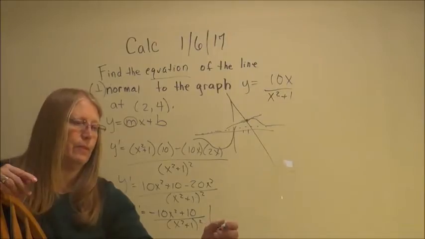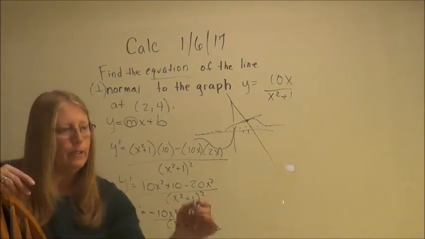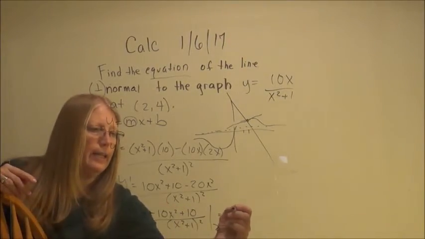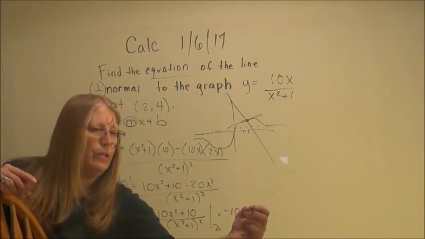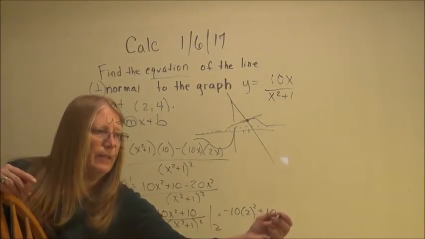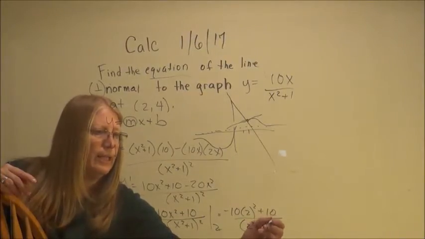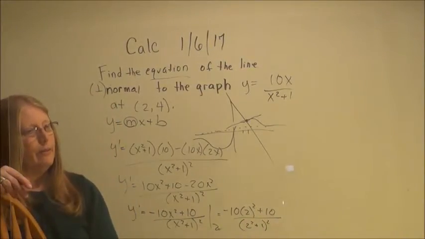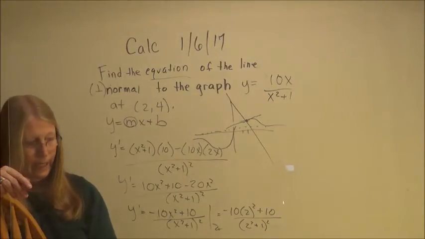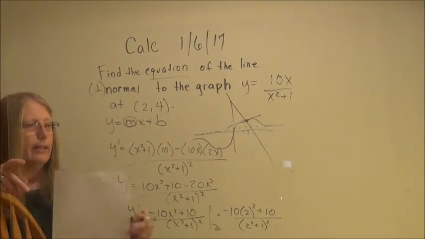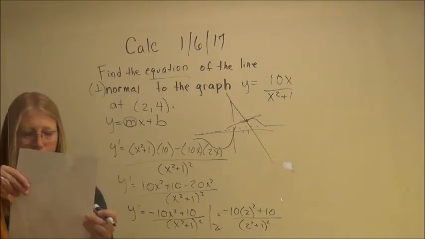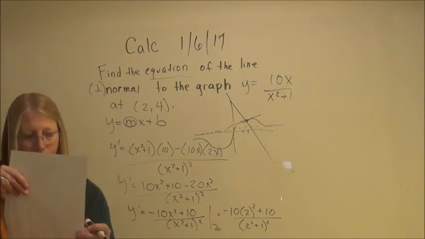all evaluated at 2. So putting in a 2 in this expression, I get a minus 10 times 2 squared plus 10 over 2 squared plus 1 quantity squared. So we have a minus 40 and a positive 10. So in the numerator, it looks like I'm getting a negative 30.